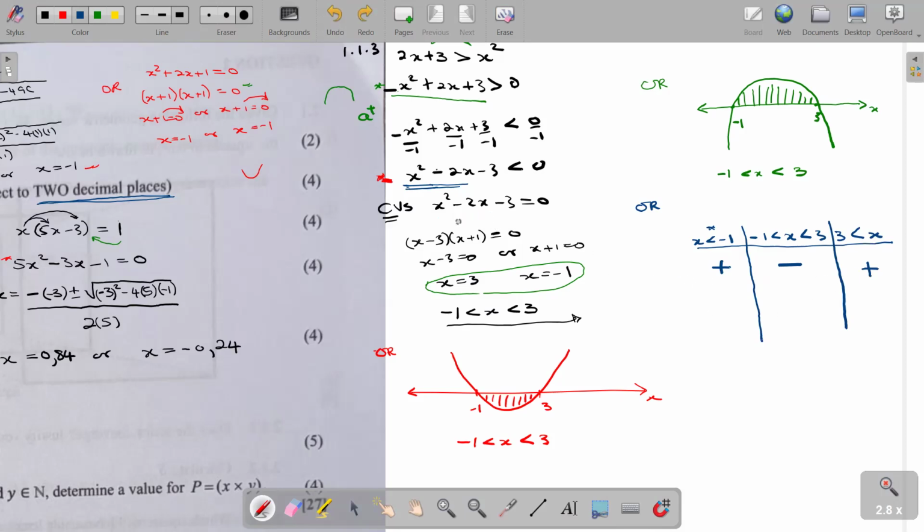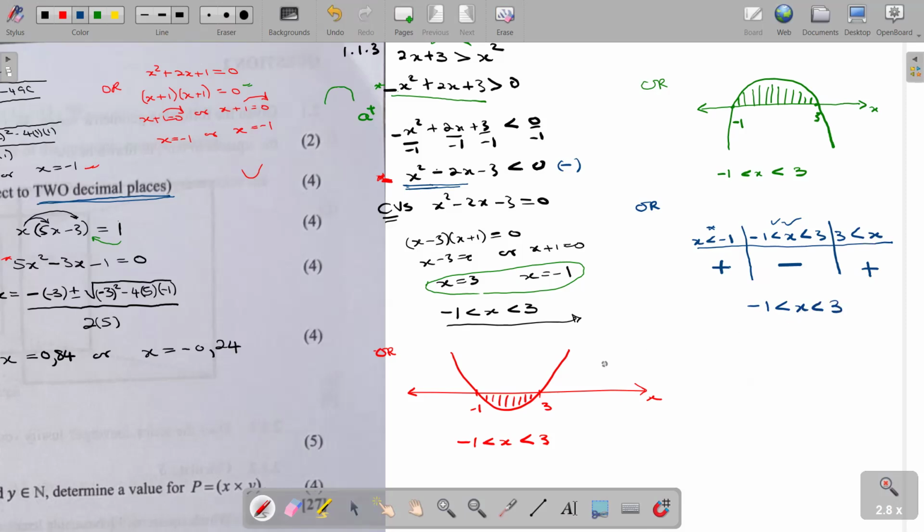You go back to the inequality where it's standardized, where it says this is less than 0. What is the sign of a number which is less than 0? We know it's negative. And where are we getting negative? Here is our negative. So we take the part which has a negative. So our final answer is -1 less than x less than 3.